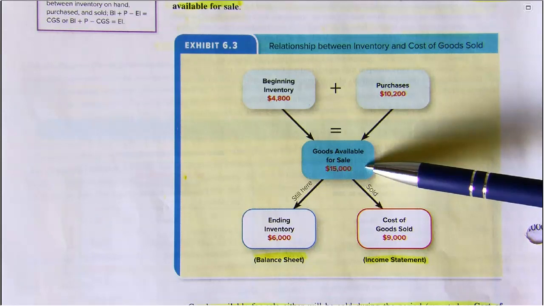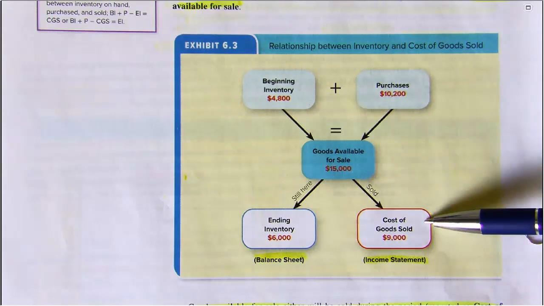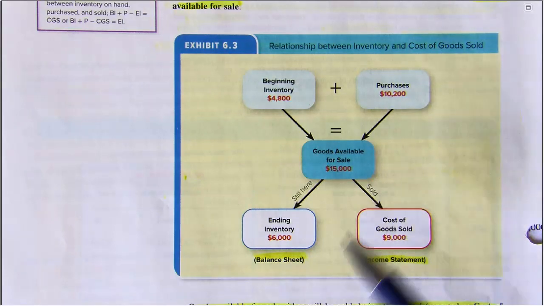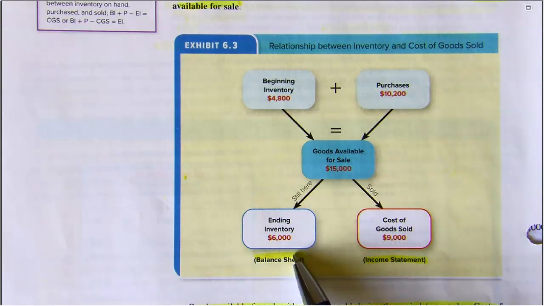Now, goods available for sale will either be sold during the period, and if so, that will end up as cost of goods sold on our income statement, or if we don't sell them, they'll end up as inventory on our balance sheet.